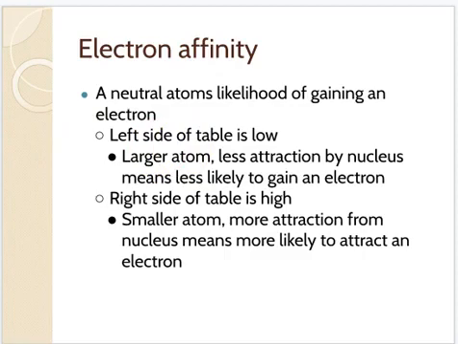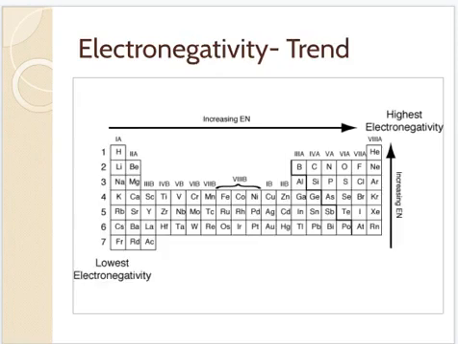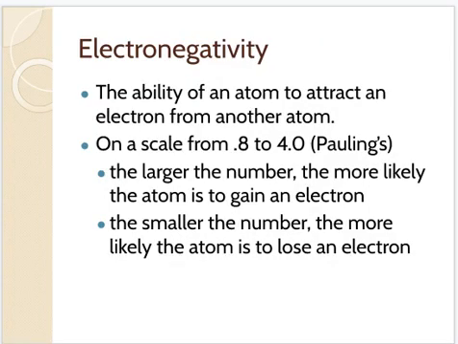The thing that's nicer about using electronegativity is that there's a number connected to it, right? So there's a quantitative value that we can use to actually compare one element to another. So we tend to use electronegativity as the trend when we're talking about gaining electrons.